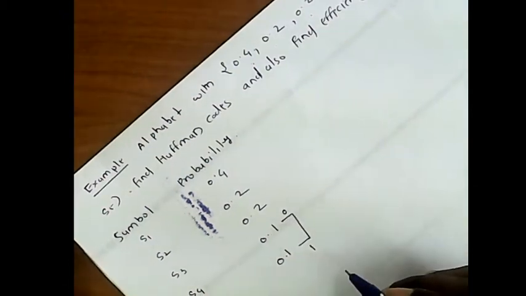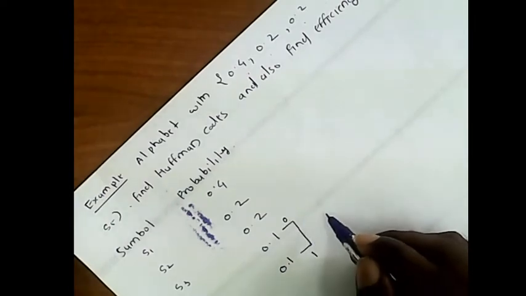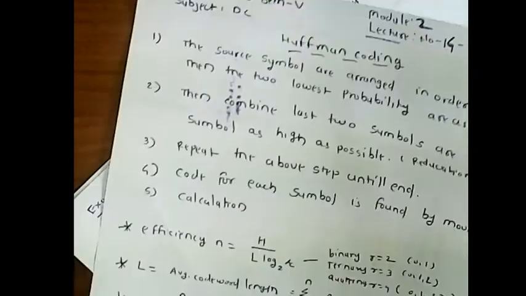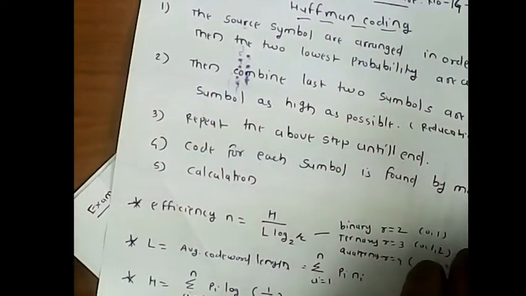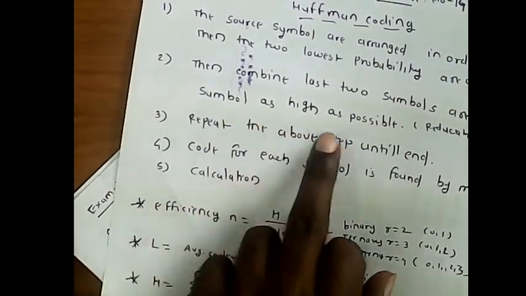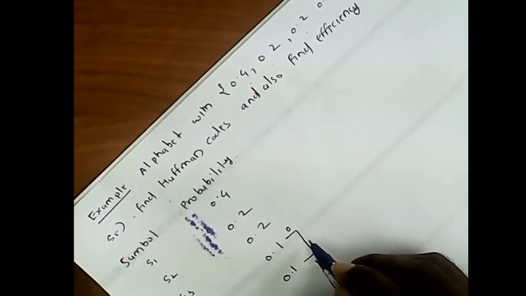So we assign bits 0 and 1 to these two lowest probabilities. Okay. Then we combine these two probabilities and combine the last two symbols, moving the combined symbol as high as possible.